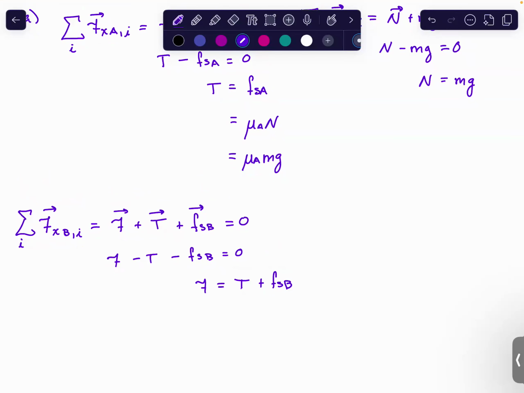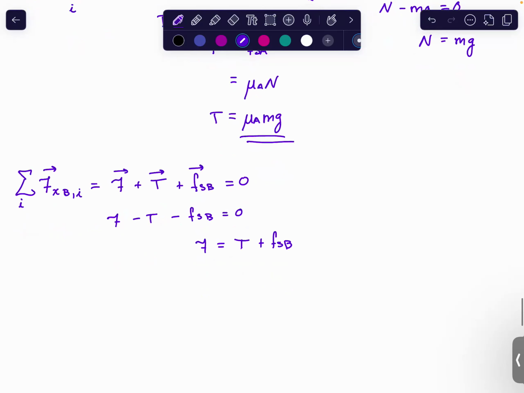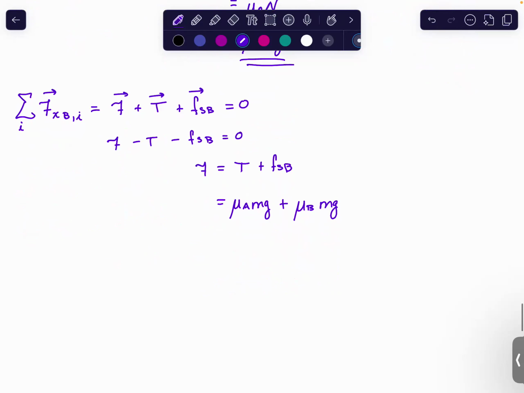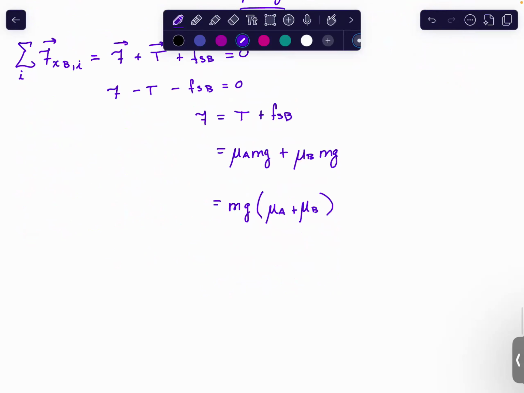Well, remember tension is the coefficient of static friction of block A, mass times gravity. Plus the static friction of B, which is the same equation, just with the different coefficient. And so then we can just factor out mass times gravity, and we have our two coefficients of friction, which we add together.